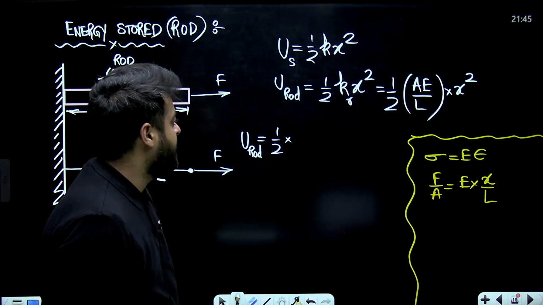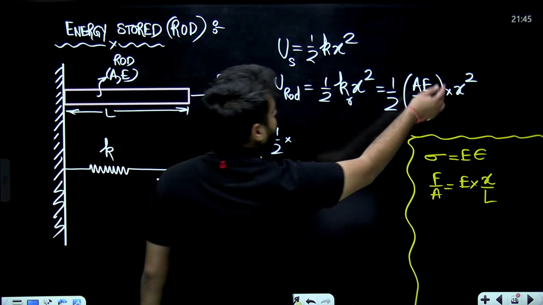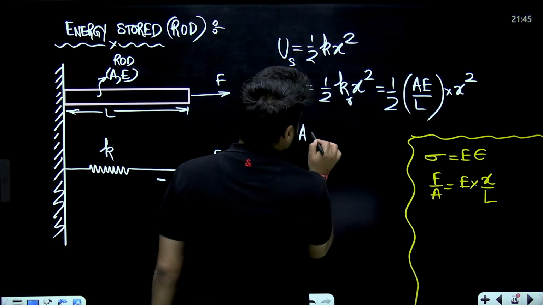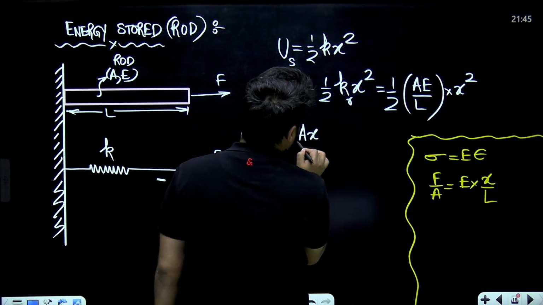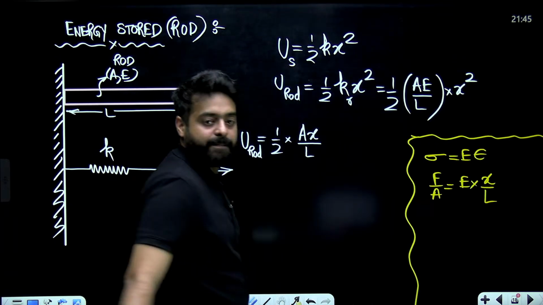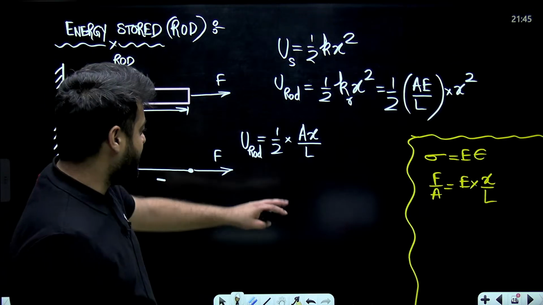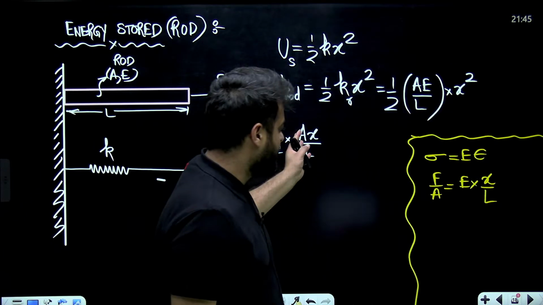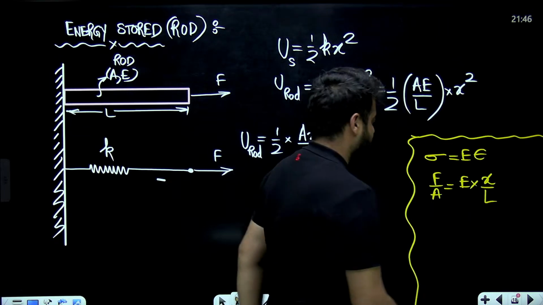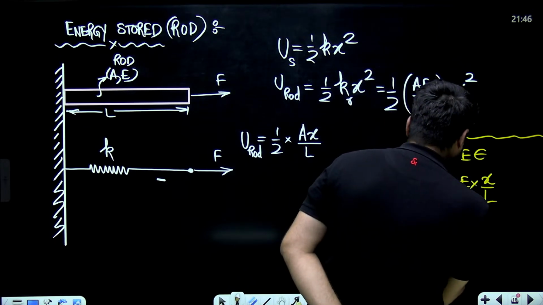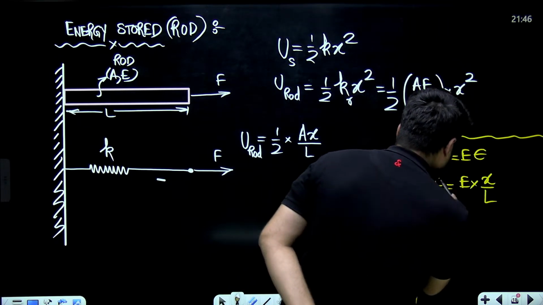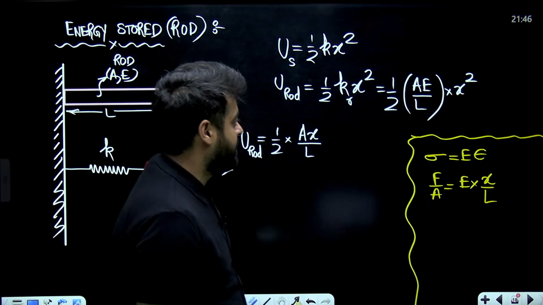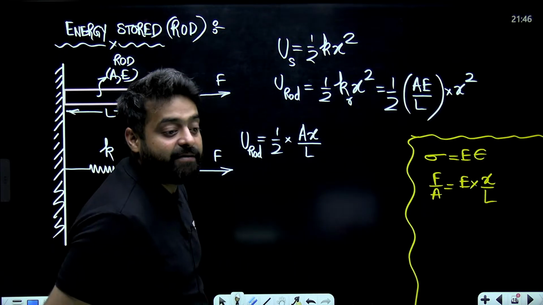If I take x separately, A x by L separately, what is A x by L? I can see this A x by L is F by E.